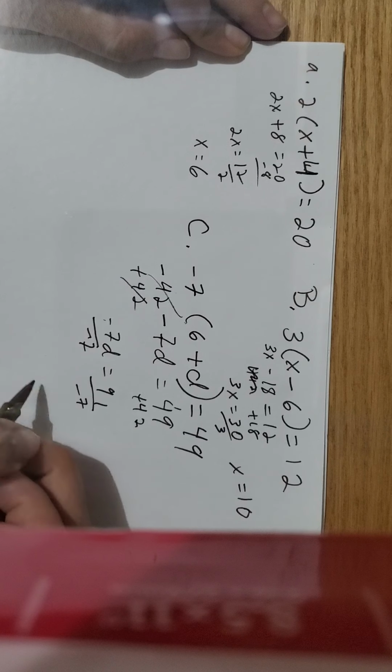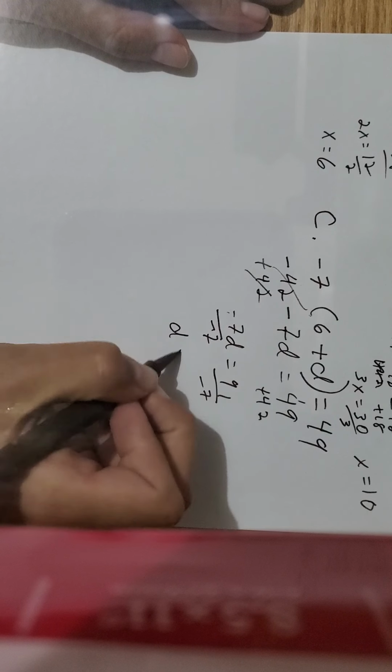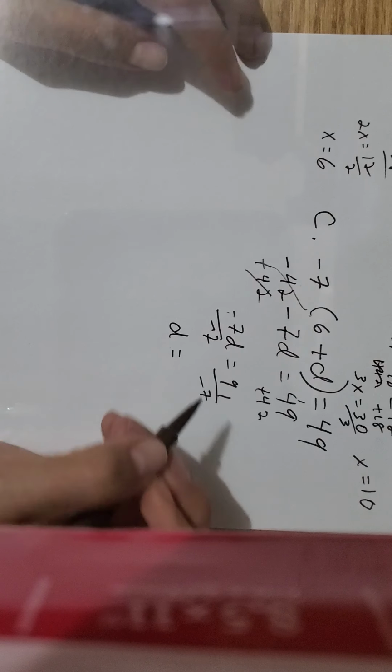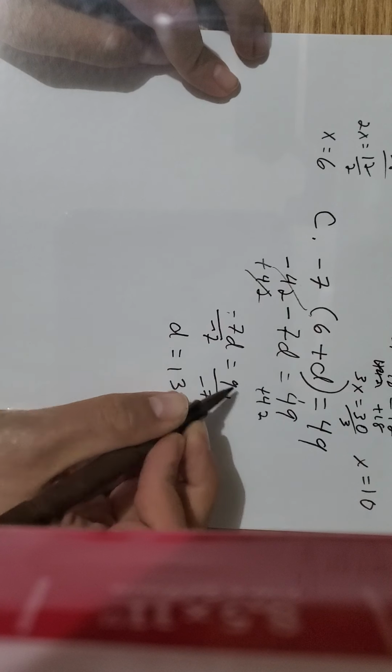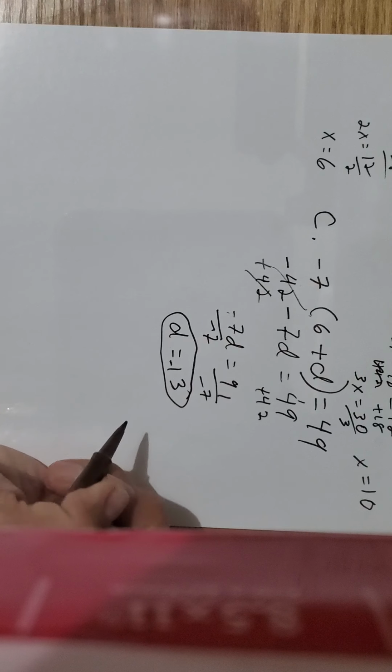You divide by negative 7, giving you d equals 13, and because this is a positive and this is a negative, negative 13.